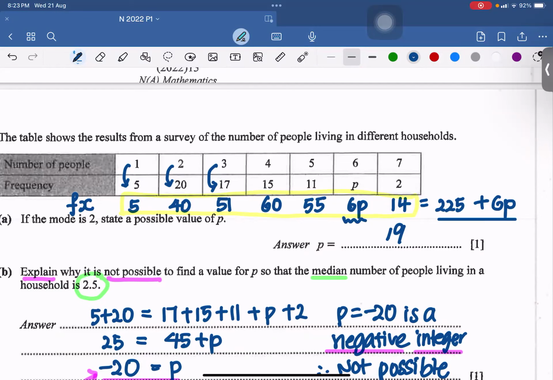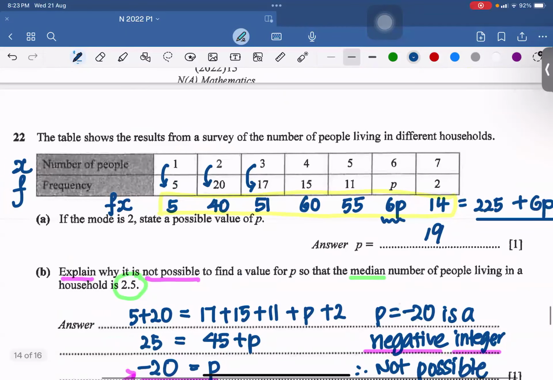Then where is sum of frequency? Can you all tell me where are the numbers for frequency? Is it the first row or the second row or the third row? The second row.